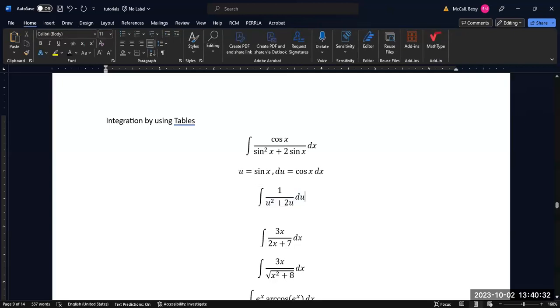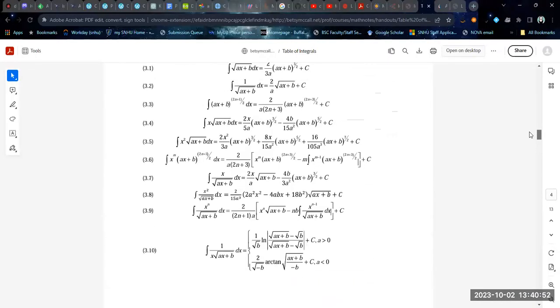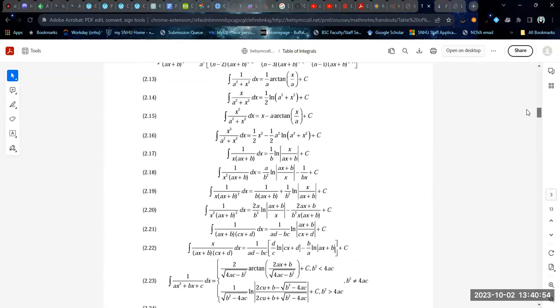All right, so now that I have that, I'm going to go to a different part of my table, and I'm going to look for a rational expression that maybe looks something like this. So let's go back to our table. The rational expressions are closer to the top.